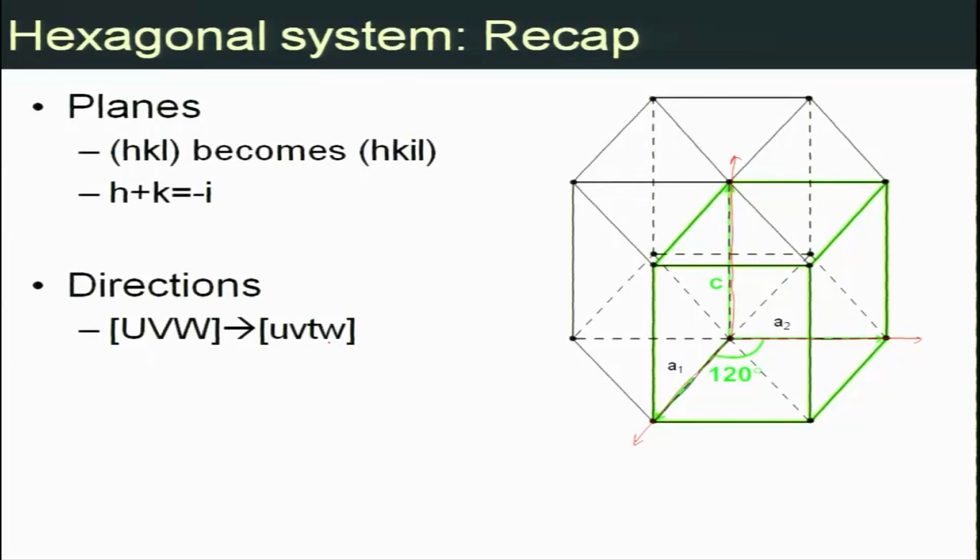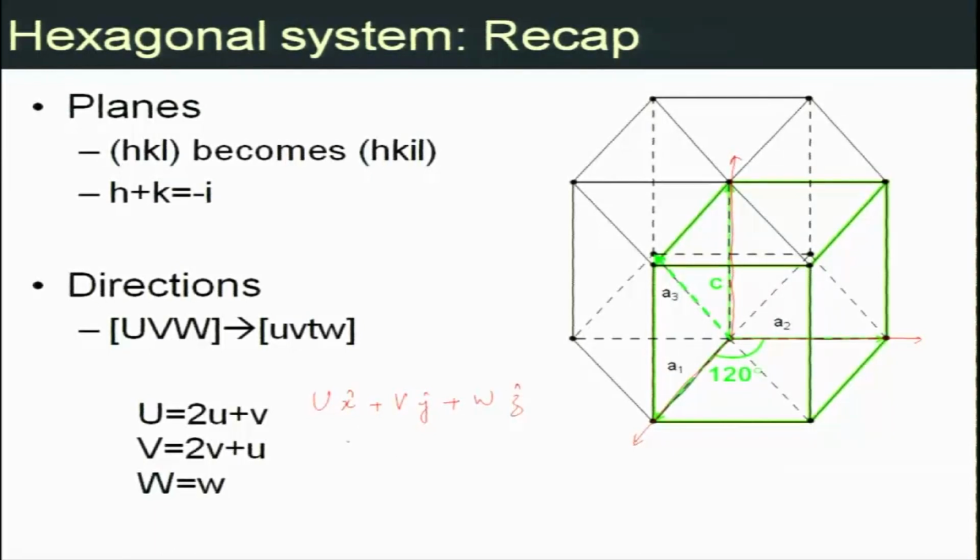UVTW, with the condition capital U is equal to 2U plus V, capital V is equal to 2V plus U, and capital W is equal to small w. This is very simple to do. You can just say capital U x hat plus capital V y hat plus capital W z hat, or rather A hat.